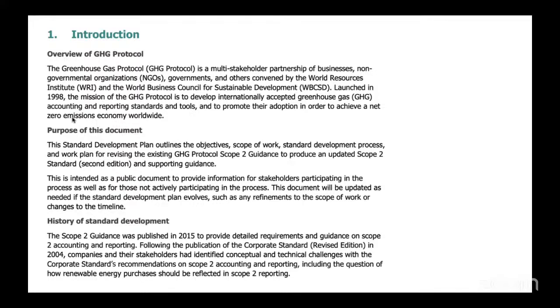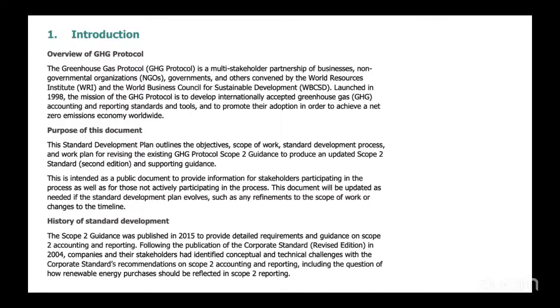まあ、基準を作っていくみたいなところですね。Purpose of this document. This standard development plan outlines the objective, scope of work, standard development process, and work plan for revising the existing GHG protocol Scope 2 guidance and to produce an updated Scope 2 standard and supporting guidance. まあ、スコープ2のところ、リビジョンですね。This is intended as a public document to provide information for stakeholders participating in the process as well as for those not actively participating in the process.